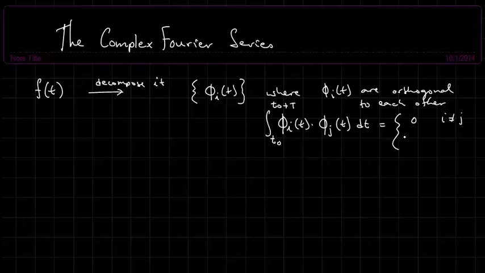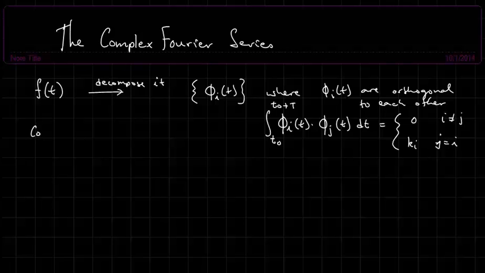Then we say they're orthogonal. Otherwise, if j is equal to i, so we're really taking the integral of the square of phi sub i, then we get some non-zero value.